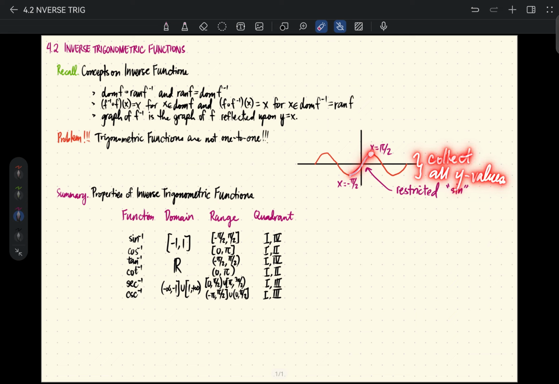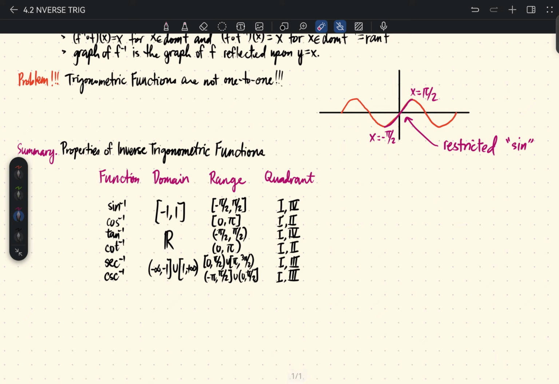So by taking this restricted sine function right here, you're able to obtain the inverse by reflecting this one upon y equals x. And so, we have our 6 inverse trigonometric functions: sine inverse, cosine inverse, tangent inverse, cotangent inverse, secant inverse, and cosecant inverse.